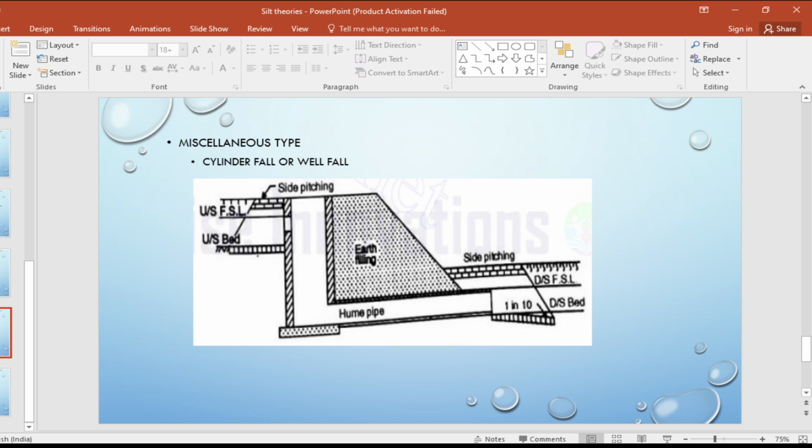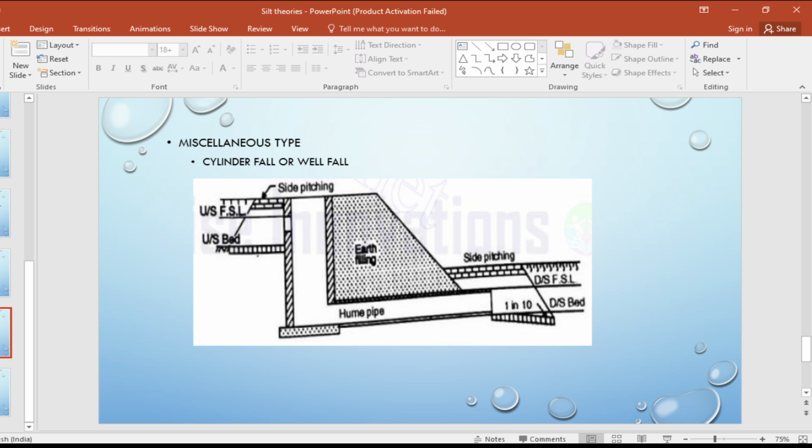This diagram shows the cylinder type of fall. In this cylinder type of fall or well fall, water is thrown into a well over a crest, from where it escapes near its bottom.